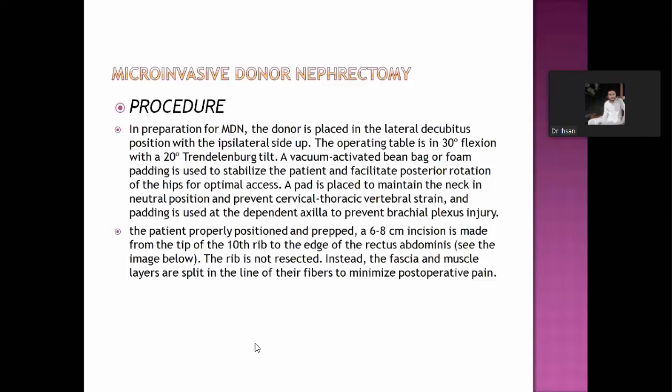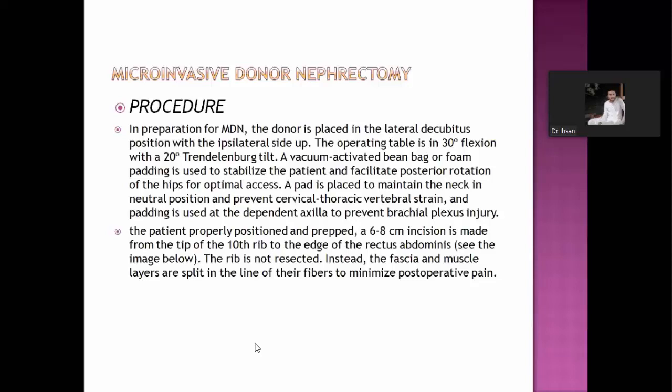A vacuum-activated bean bag or foam padding is used to stabilize the patient and facilitate posterior rotation of the hip for optimal access. A pad is placed to maintain the neck in the neutral position and prevent cervical thoracic vertebral strain, and padding is used at the dependent axilla to prevent brachial plexus injury.